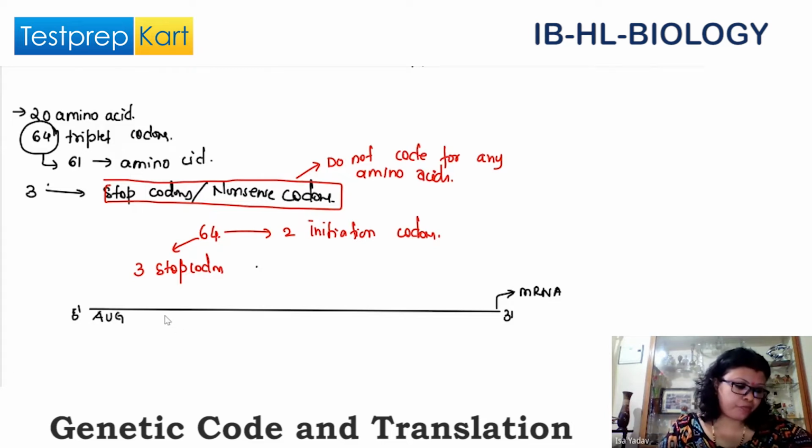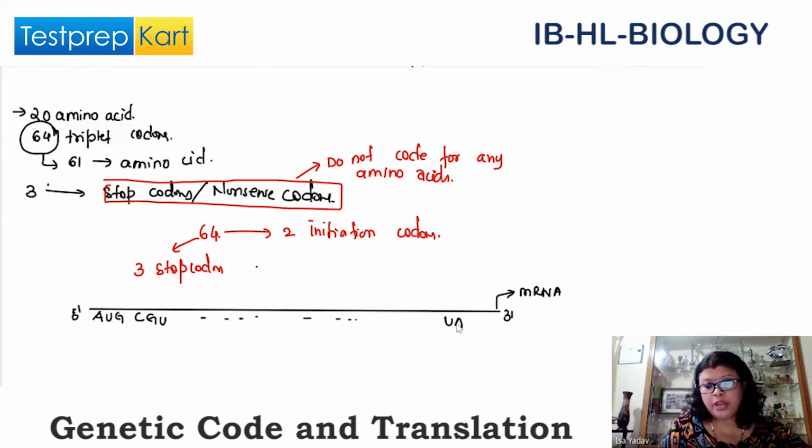Then we may have, let's see, CGU, like this, and so on. Finally, we will have any one of the three stop codons: UAA, UAG, and UGA.